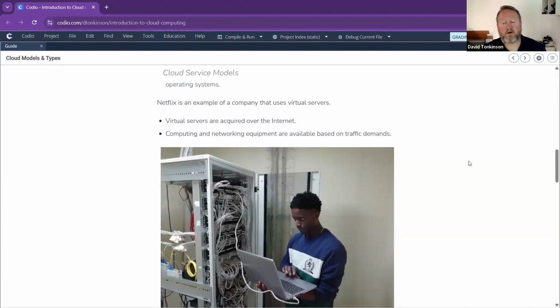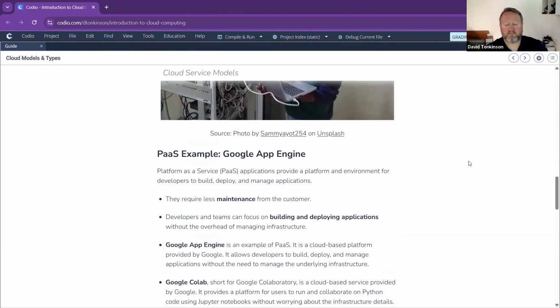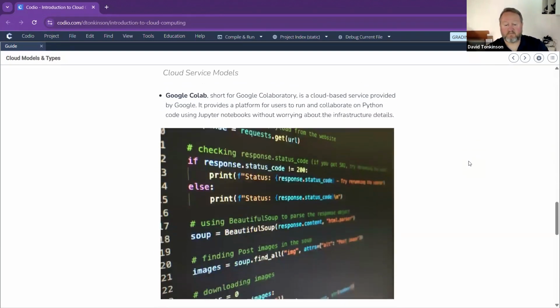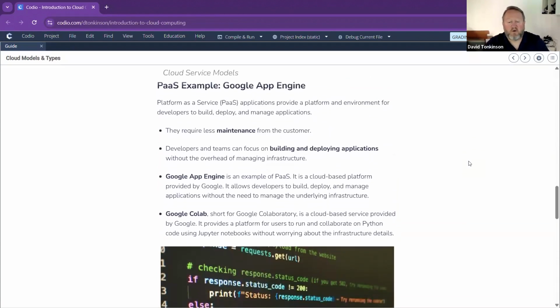So the computing and networking equipment is available depending on the demand. So we get more demand, all of a sudden more systems get spun up to help us out. So we get that elastic effect.